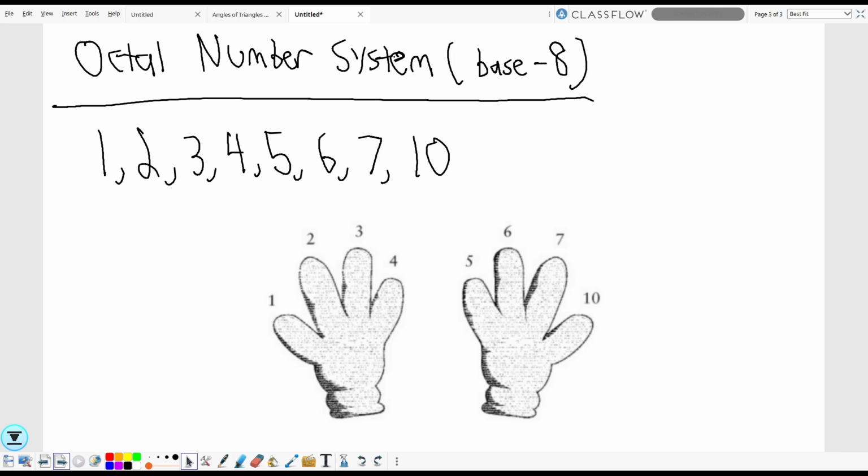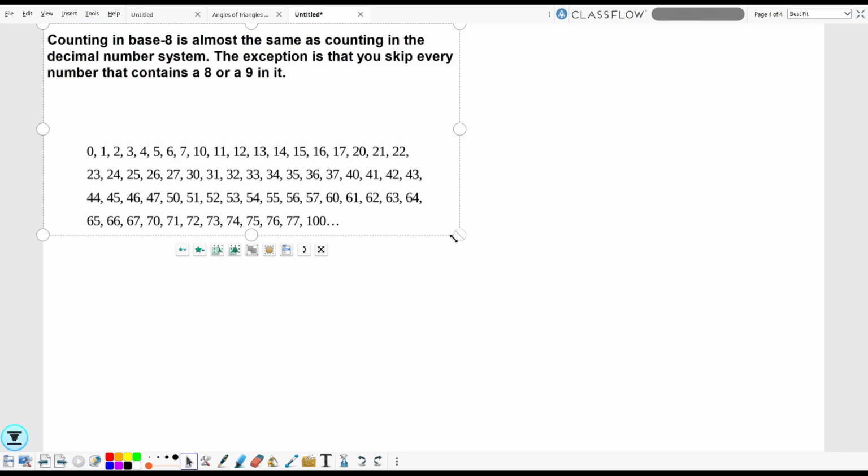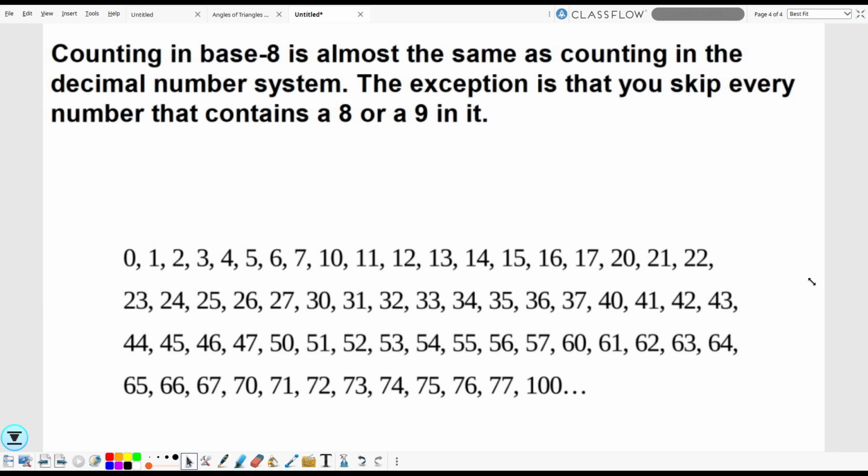And then if we were to keep going, you would just skip everything that contains an 8 or a 9 in it. So 0, 1, 2, 3, 4, 5, 6, 7, 10, 11, 12, 13, 14, 15, 16, 17, 20, and so on. And even when you get to that last one, notice over on the end, we have 70, 71, 72, 73, 74, 75, 76, 77.